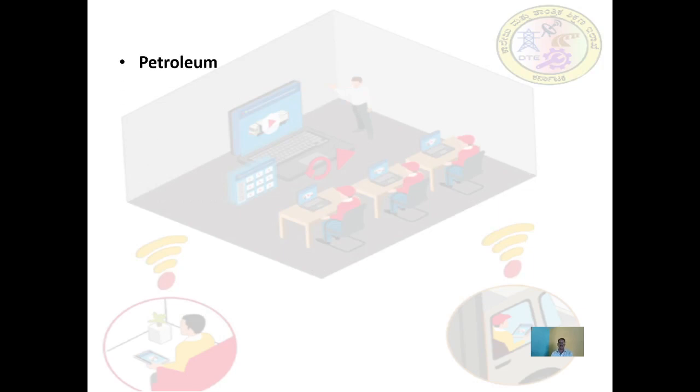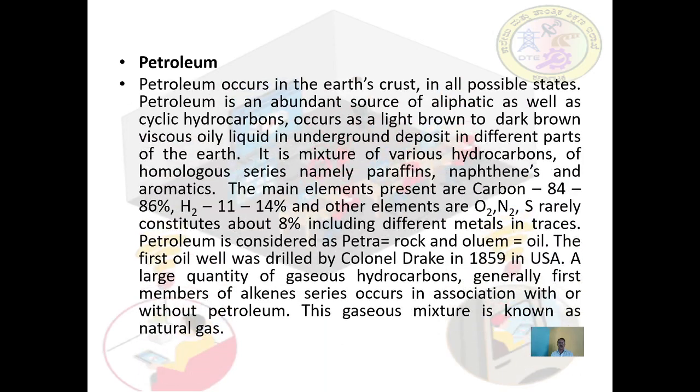Let us see what is petroleum. Petroleum is actually an abundant source of aliphatic and aromatic hydrocarbons. It occurs in the earth crust in all possible states.